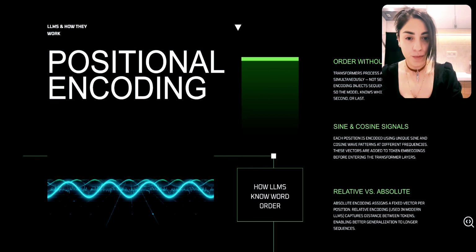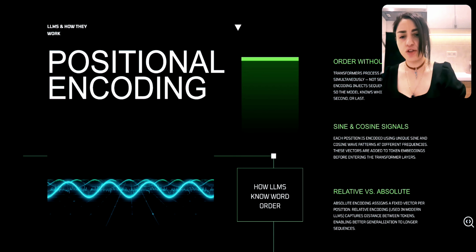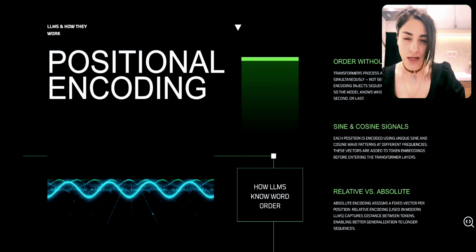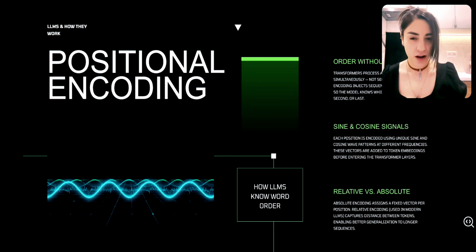Modern models that we use may use other approaches, including relative positional encodings, and may also use rotary positional embeddings, which I will talk about later, not in this course. The exact method can vary.